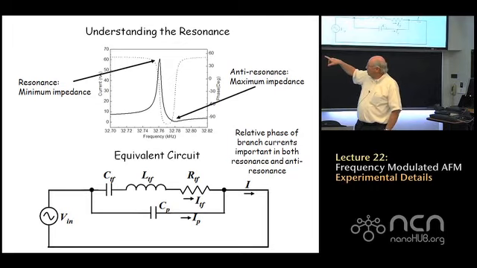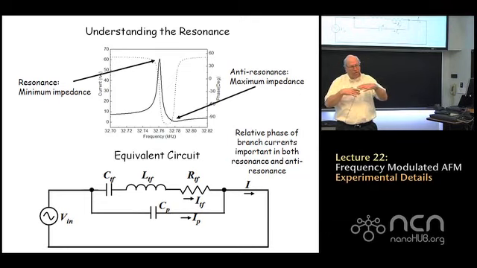If the equivalent circuit for the tuning fork were just related to that upper branch of the equivalent circuit, that anti-resonance would go away, and the tuning fork would have a nice symmetric resonance curve. But there are always some parasitic capacitances floating around. Those parasitic capacitances are modeled by this capacitor C sub P, and that capacitor C sub P is in parallel with the lumped electrical model for the tuning fork.